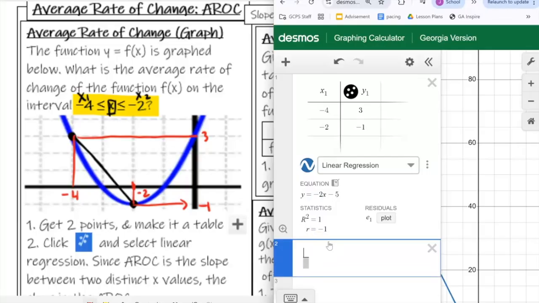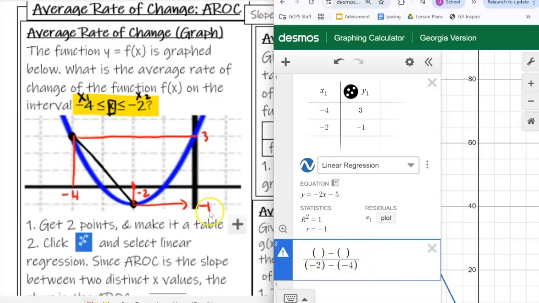So we did this in the previous video where we were actually using the slope formula. And if you remember, it was parentheses minus parentheses over parentheses minus parentheses. x2, which was -2. And then x1, which was -4. And then you just match the points.